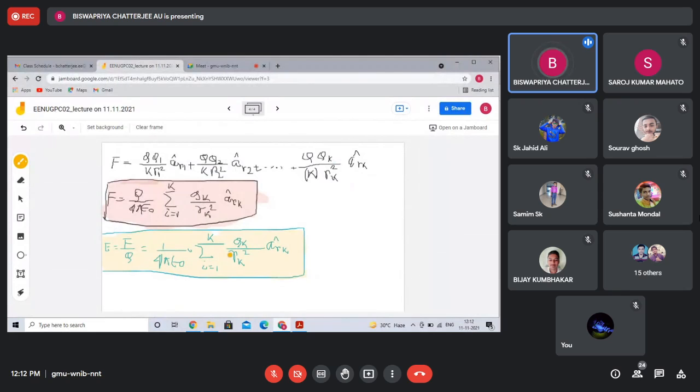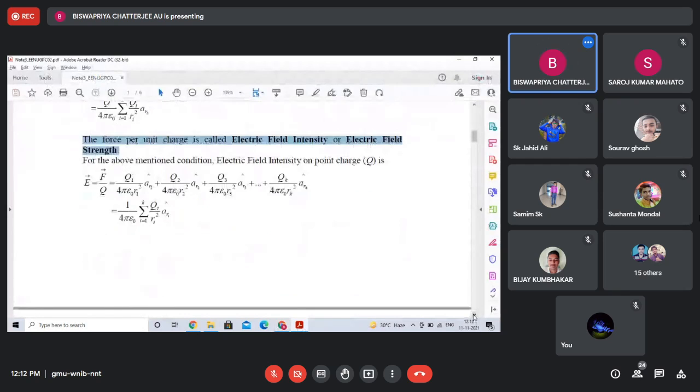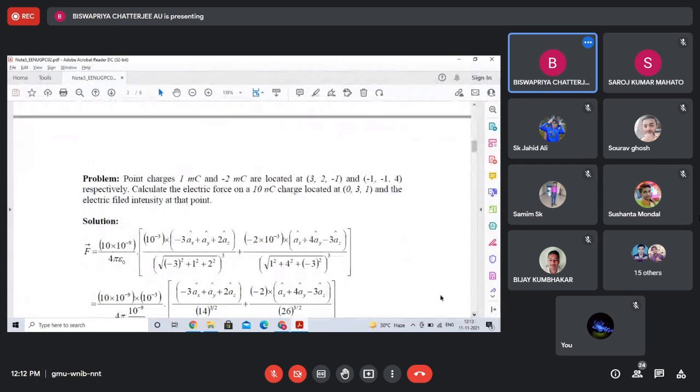Now let us solve a numeric problem. Please go through the statement of this problem.